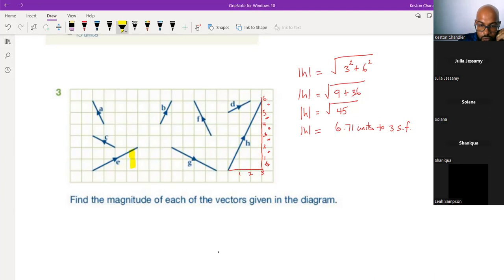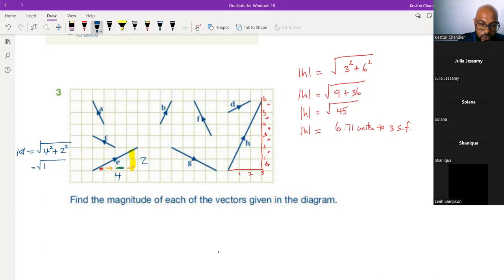So 1 block, 2 block. So that's 2 units in that direction. And then if we do underneath here, 1 block, 2 block, 3 block, 4 blocks. That's 4 here. Right? So the magnitude of E is equal to the square root of 4 squared plus 2 squared.